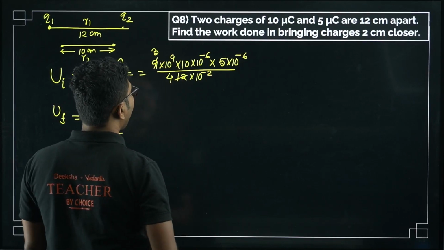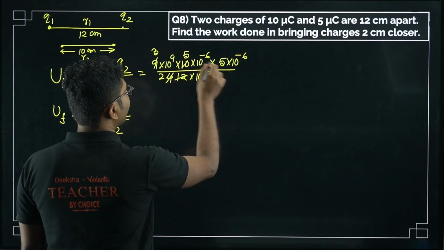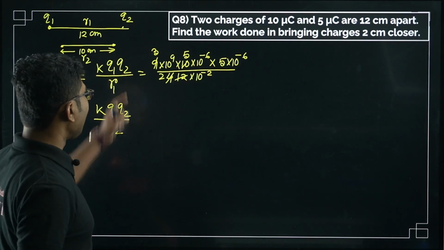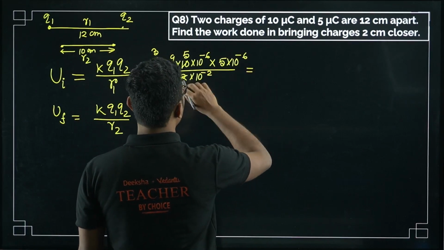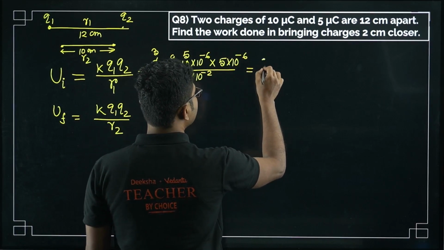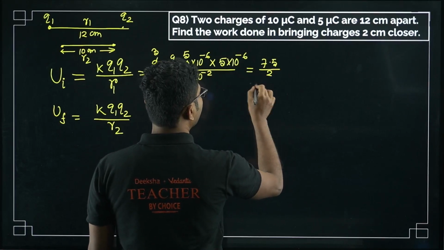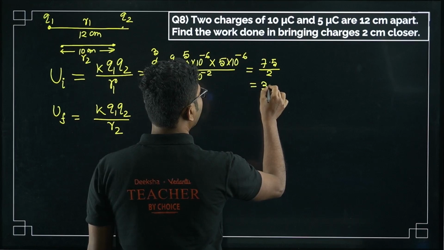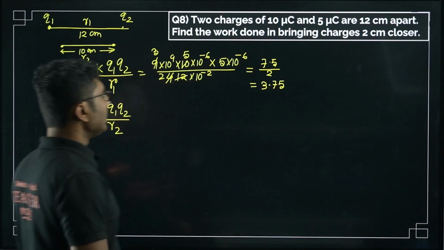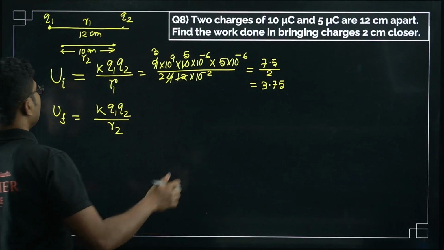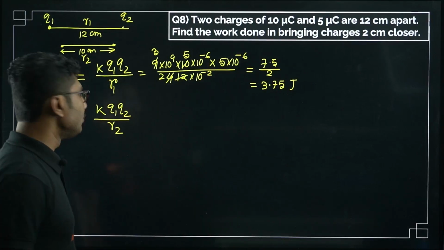I can cancel one more, 2 5s. So 5 5s are 25, 75. So it will be 75 by 12, plus 7.5. You can use the calculator to find it. So it will be 3.75. So this will be potential energy. Since we have potential energy, it will be joules unit.